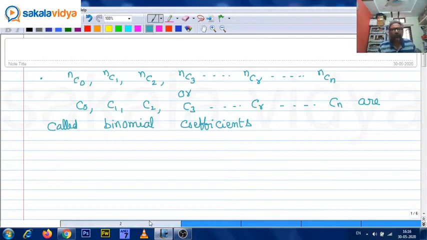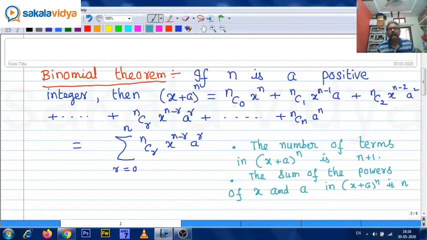Now let us see, nC0 is equal to nCn. Am I correct? We have discussed earlier. Similarly, nC1 is equal to nC(n-1), nC2 is equal to nC(n-2).